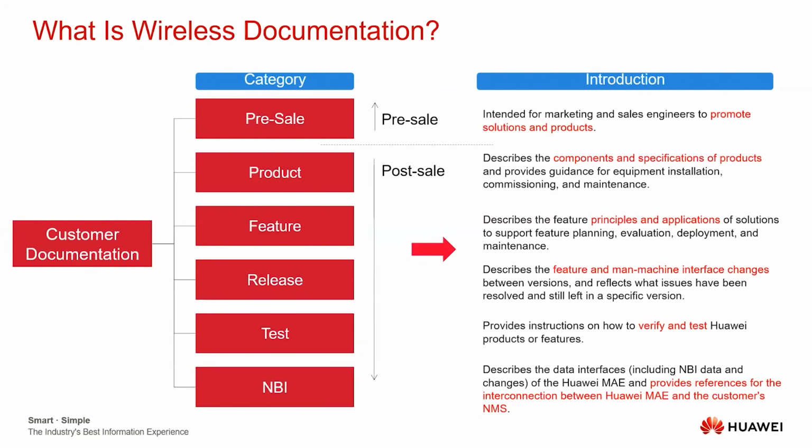Then the third one is release documentation. It provides information on the changes between software versions that we provide for the customer. So overall, we can say it's delta information from one software version to another.